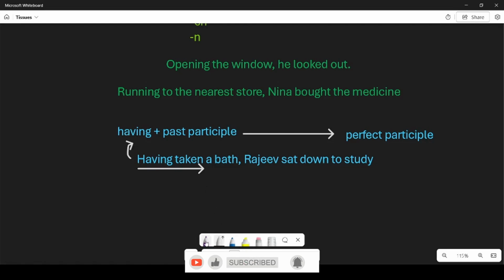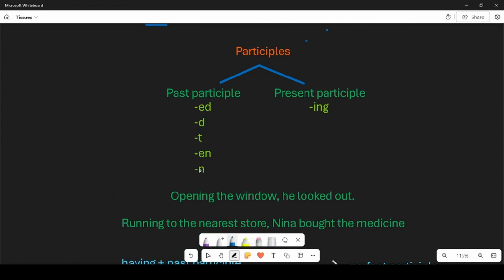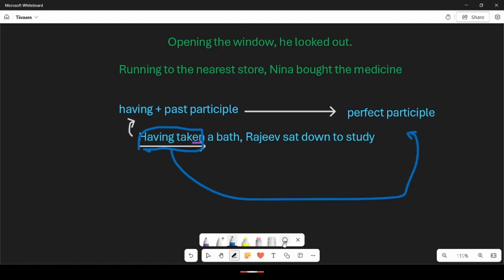Taken over here, as you can see, is a past participle because we have the word en at the end, like as we have discussed up here. When we add en at the end, it becomes a past participle. So having taken a bath, this entire two words is a past participle. Rajiv sat down to study.